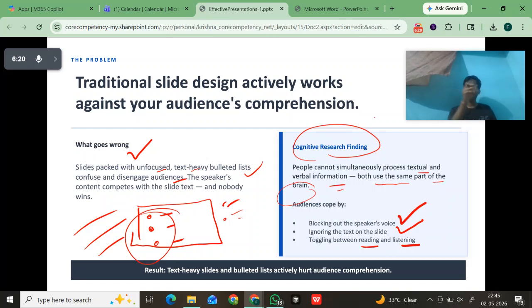We are seeing an image or diagram, that's it, and listening to whatever the speaker is explaining. So that is an effective way. As instructional designers, today's focus is to master how to visualize from the speaker's script, or how to design effective e-learning slides, self-paced slides, or whatever, right?